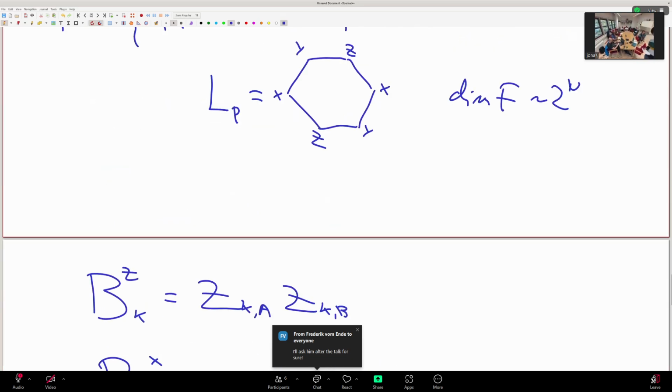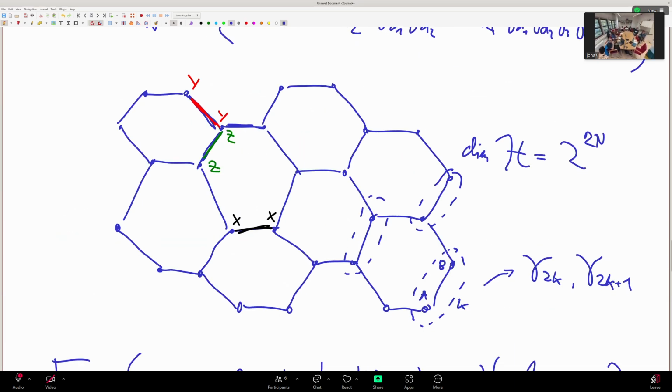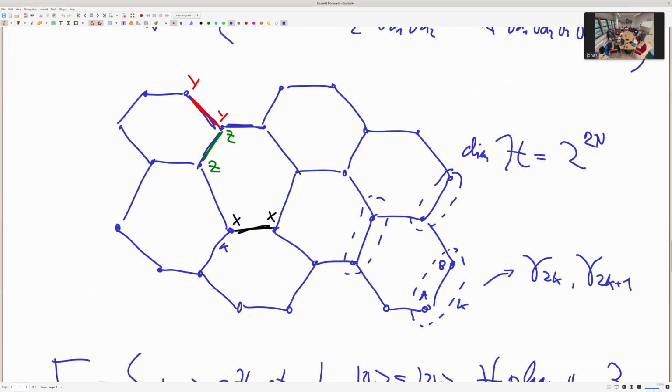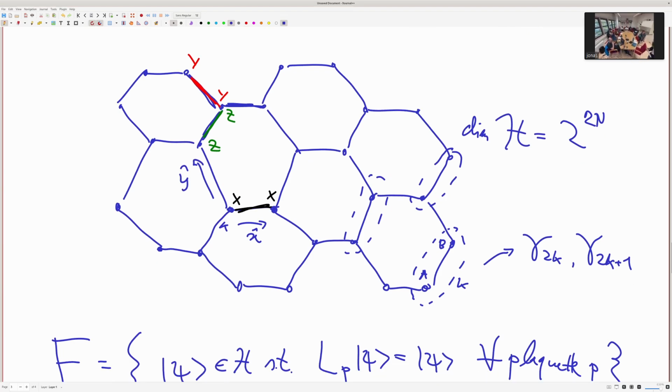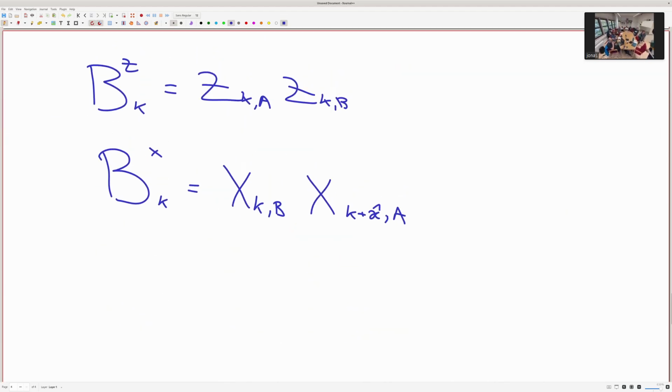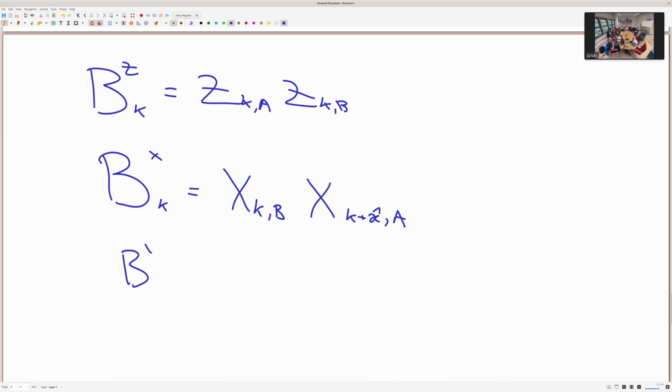Right, so if we consider this case here, this would be in the unit cell K, and then this would be what I call the X unit vector, and this one is in the unit cell translated once in that direction, and similarly this direction will be the Y. And so I can define also this operator.